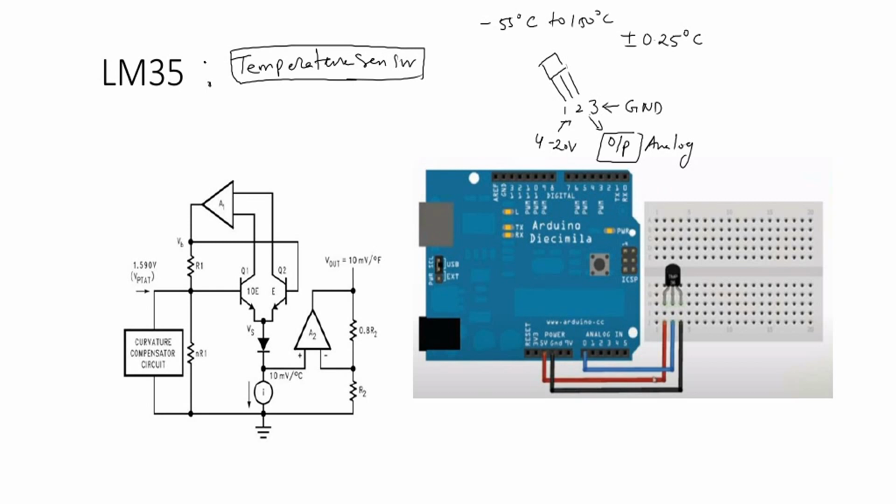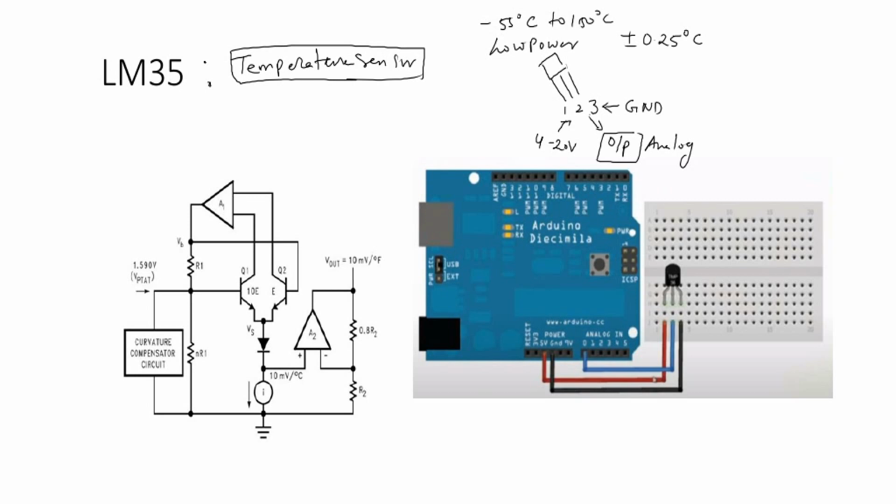And it is the most frequently used temperature sensor, and it is also a very low power sensor. It draws current in microamperes, so it draws a very small current. If you see the internal structure of this LM35, I am not going into details, but overall it contains some transistors, some amplifiers, and there is a current source.